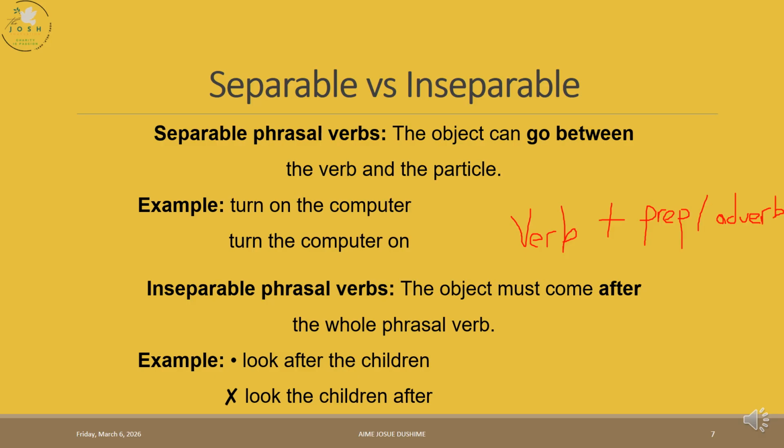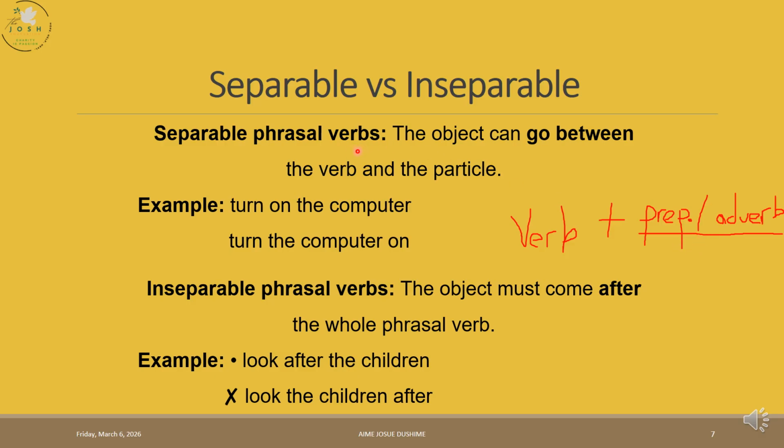Just as simple as this. You just have to take a verb plus preposition or verb plus adverb. Remember that was the first thing I told you. And this part here of the preposition or the adverb is what I call the particle. So whenever I say particle, understand that I'm talking about the additional thing to the original verb.